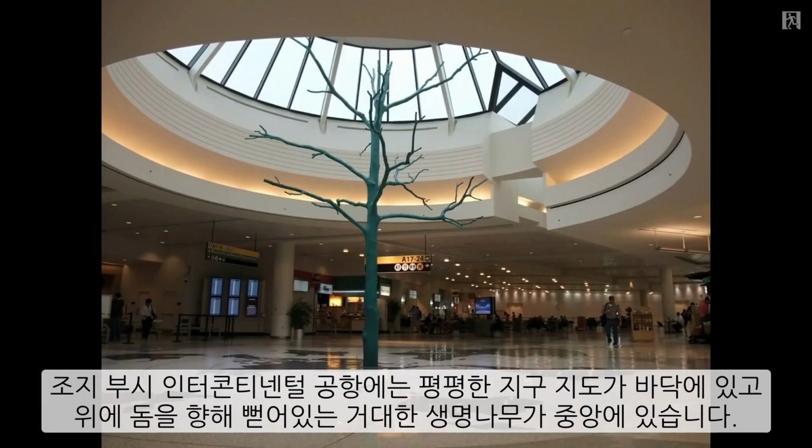George Bush International Airport, the Flat Earth map on the ground with a huge Tree of Life in the center, reaching up to the dome above.